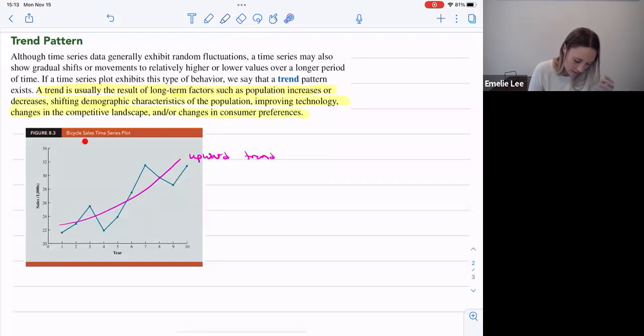Here we're looking at bicycle sales in thousands of dollars over 10 years. They're probably just starting out, so they're not selling a lot of bikes, and then they had a little upswing, then a downtick, and then they've been steady on the rise. If we had to generalize this, we would say there's an upward trend in the bicycle sales for this company.